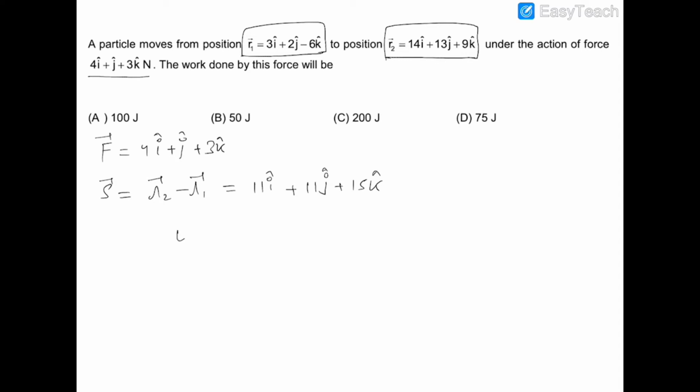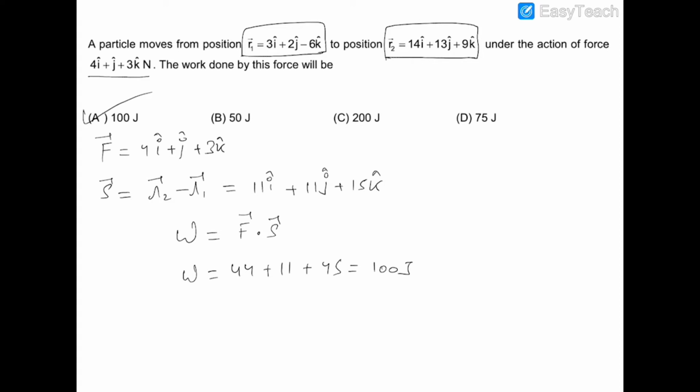So the work done in this case will be simply F dot S. So work done will be equal to 4 into 11, 44, plus 11 plus this 45. So this is 100 joules. So the correct option will be option number A.